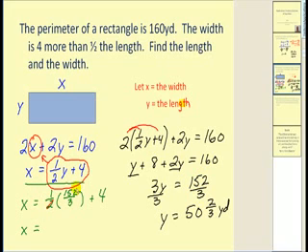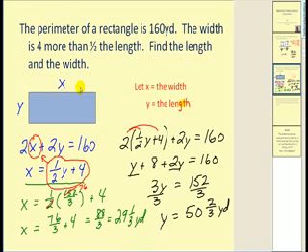Simplifying here, this changes to a 1, this changes to 76. So we'd have 76/3 plus 4. Well, 4 is the same as 12 thirds, so we'd have 88 thirds, which is equal to 29 1/3 yards.